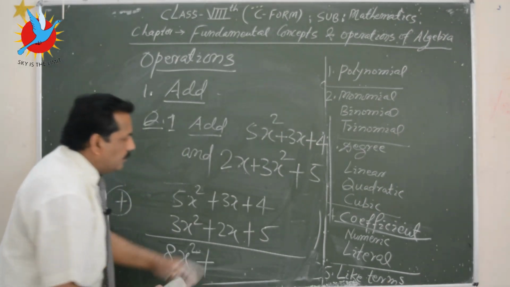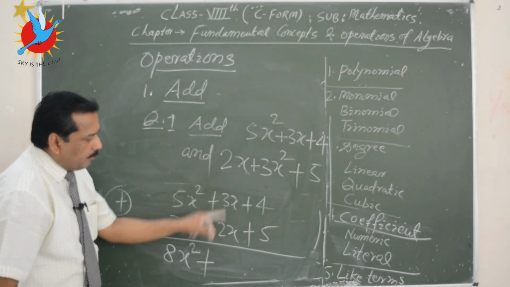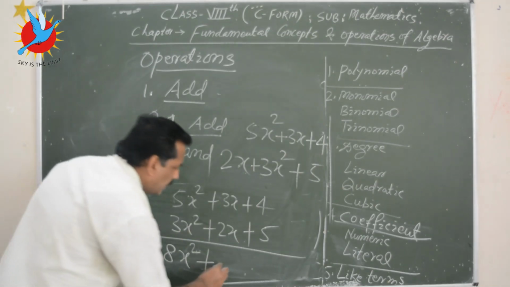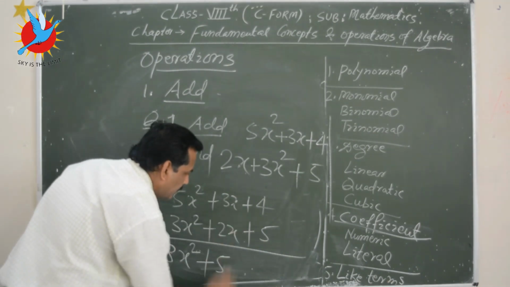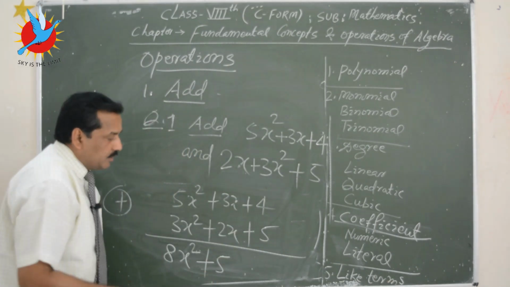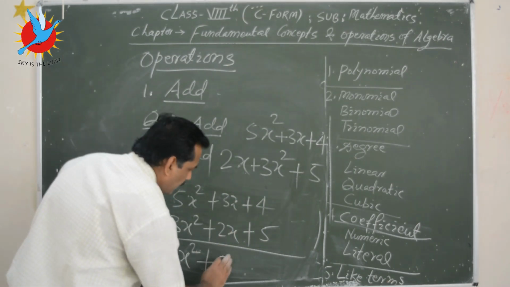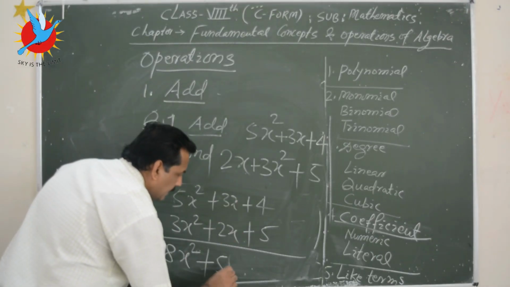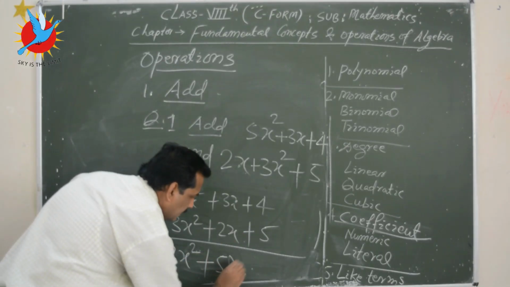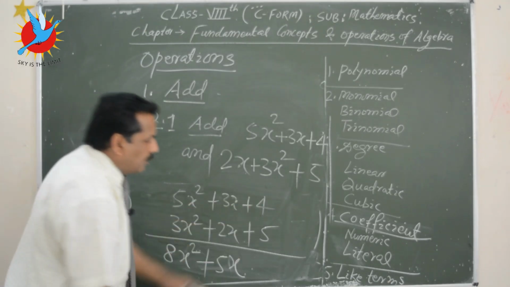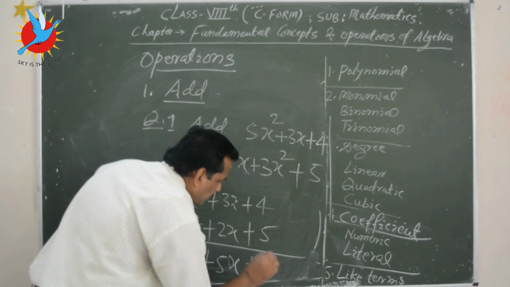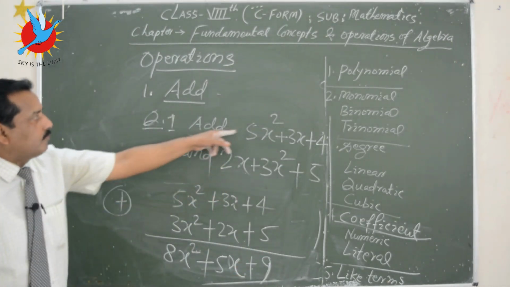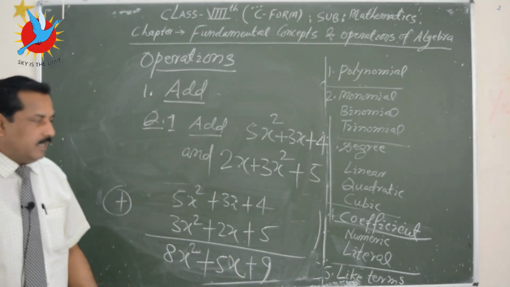Plus, for this 3x, again the numbers are added. So 3 and 2 is 5, and x is not repeated, it is not x times x, which would be x square. It is written only once. So this is 5x. And these are pure numbers, constants, so 4 plus 5 is 9. So this is how to add two algebraic expressions.